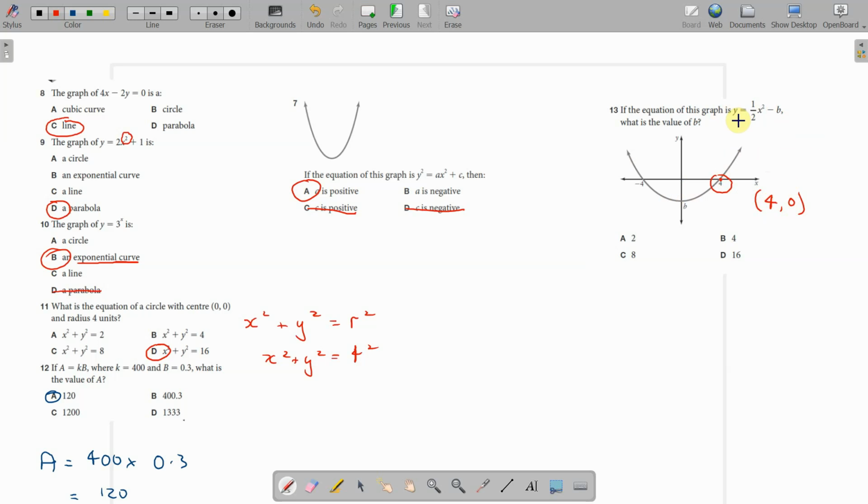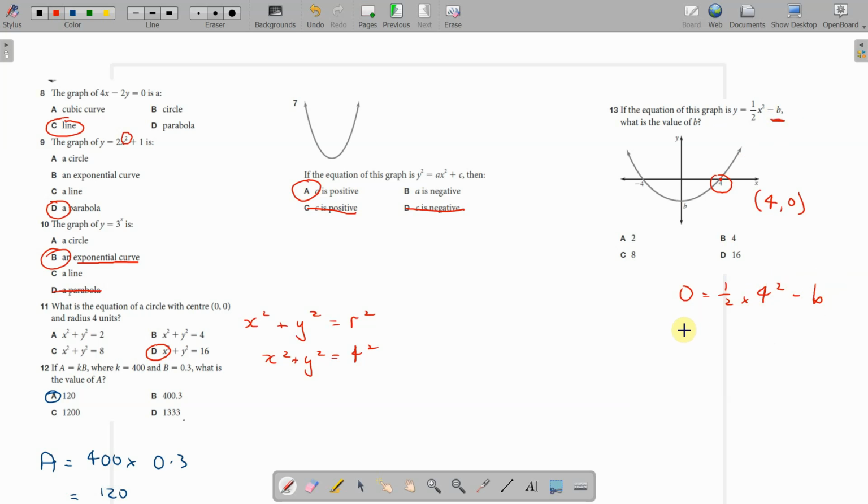So we're going to put 0 instead of y. So instead of y equals, we've got 0 equals a half x squared, a half times 4 is x, minus whatever b is. We're just going to put that in because that's the part we're going to try and find out.